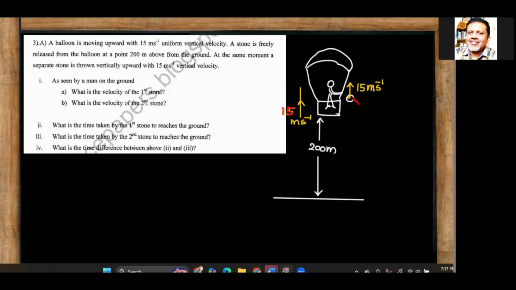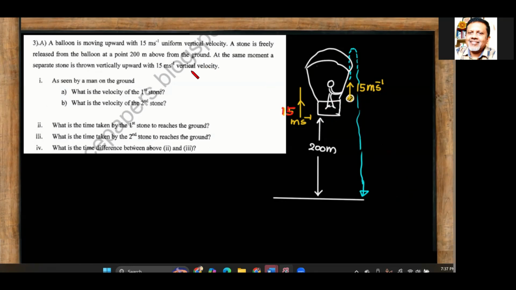It will go up under gravity and come back to the ground. Actually, it will go up until its velocity becomes zero, and then it will come down like this and reach the ground. That is the motion of the first stone.